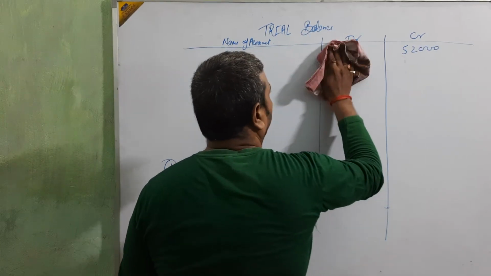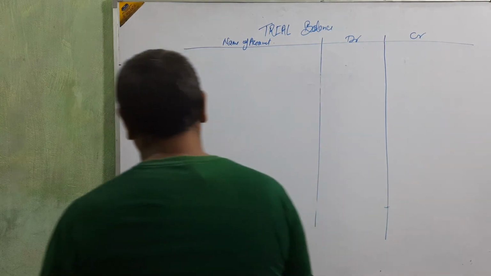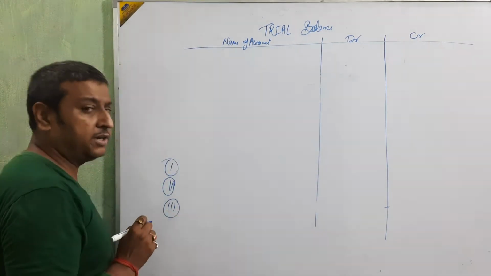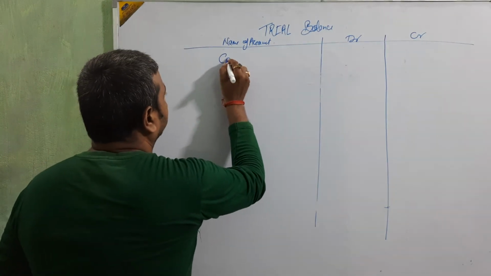Okay? Then go for the second, the balancing method. In the balancing method, we follow some rules, and on the basis of the rules we present like that.